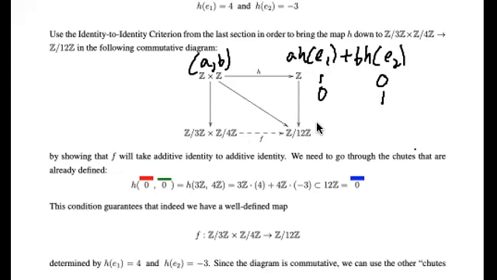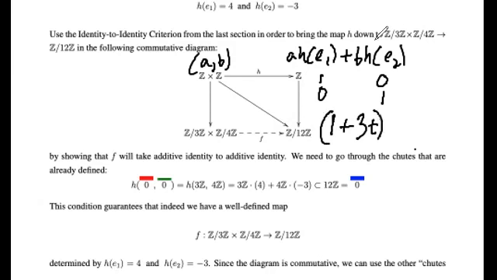So H of E1, we know it's going to be 1 mod 3. Okay, so it's going to be like 1 plus 3 times t, say, something like that.